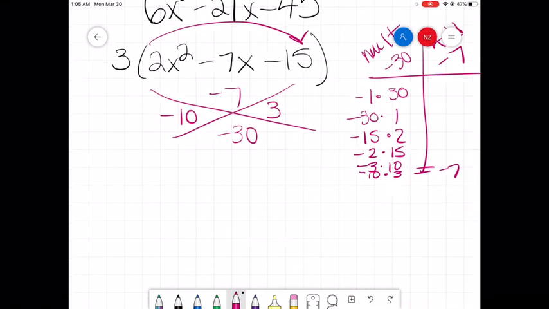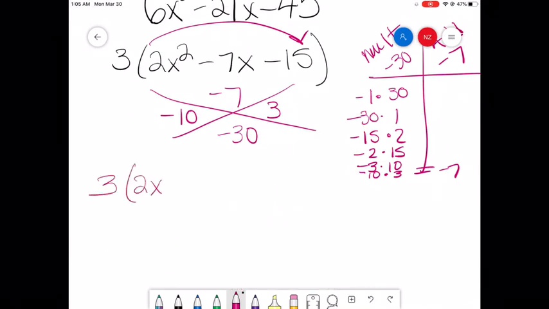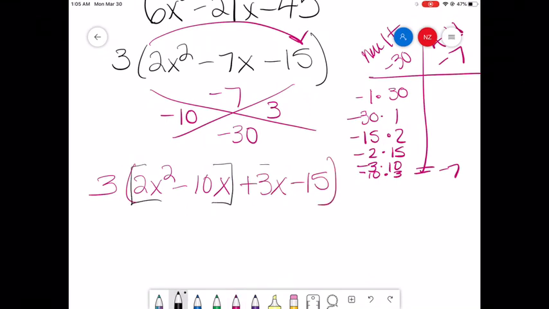Negative 10 and 3. Okay, I have 3, and then I'll have my 2x squared minus 10x plus 3x minus 15. Then I'm going to go ahead and group. I have 3 times 2x, and then inside the parentheses, I would have x minus 5, okay?